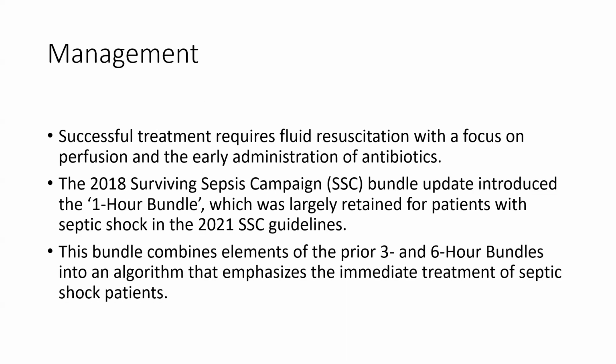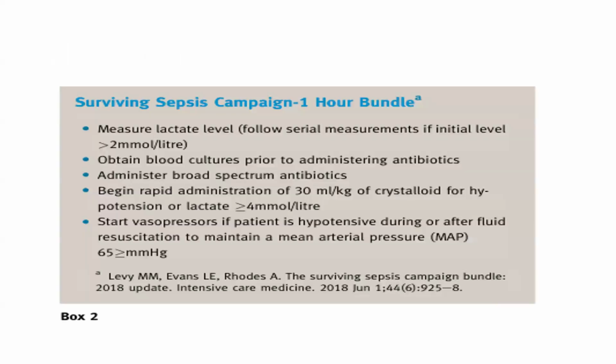Successful management requires fluid resuscitation with focus on perfusion. So, the Surviving Sepsis Campaign: measure lactate level, with serial measurements if the initial level is more than 2. Obtain blood culture prior to administering antibiotics.